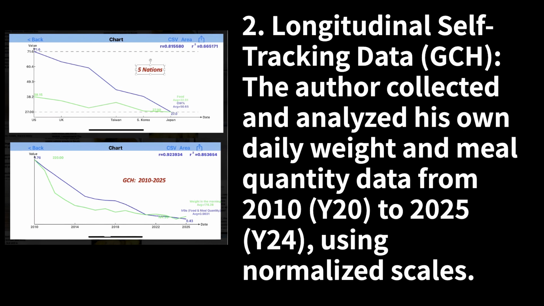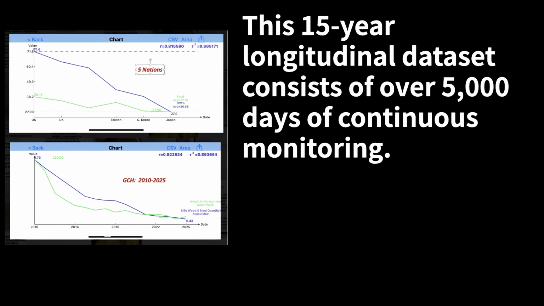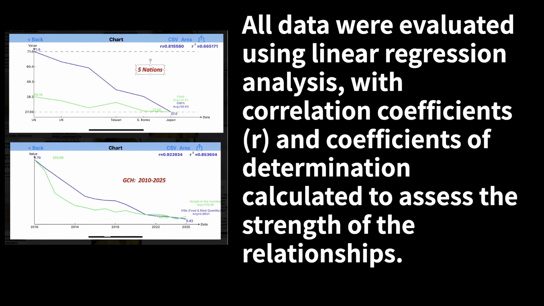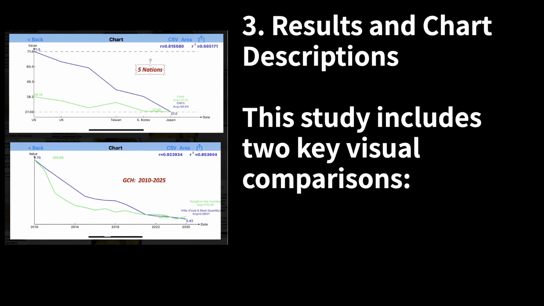The author collected and analyzed his own daily weight and meal quantity data from 2010, Y20, to 2025, Y24, using normalized scales. This 15-year longitudinal dataset consists of over 5,000 days of continuous monitoring. All data were evaluated using linear regression analysis, with correlation coefficients, R, and coefficients of determination calculated to assess the strength of the relationships.